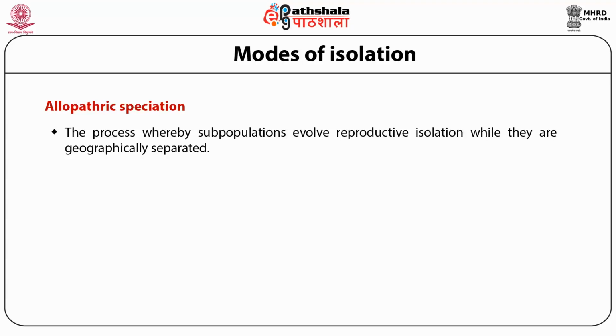Another possibility is that during the time the subpopulations were separated, they may have evolved different physiological processes or mating habits. So, when the subpopulations are reunited, they may not be able to mate with each other, or if they can mate, their hybrids may not be viable or fertile. The process whereby subpopulations evolve reproductive isolation while they are geographically separated is called allopatric speciation.